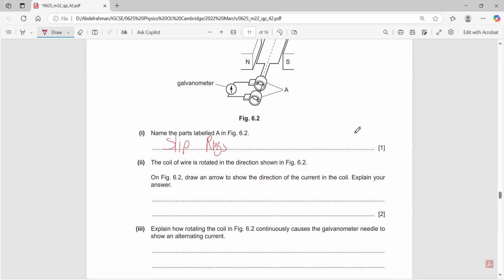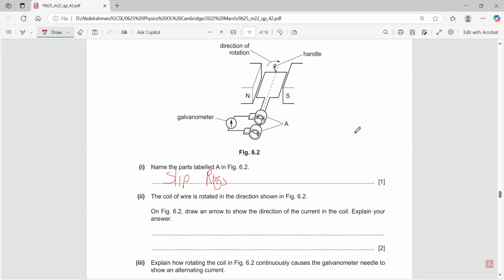A coil of wire is rotated. On figure 6.2, draw an arrow to show the direction of the current in the coil. Explain your answer. Can I show the direction of the current in the coil? Yes. Using what? Using Fleming's left or right? Think about it.